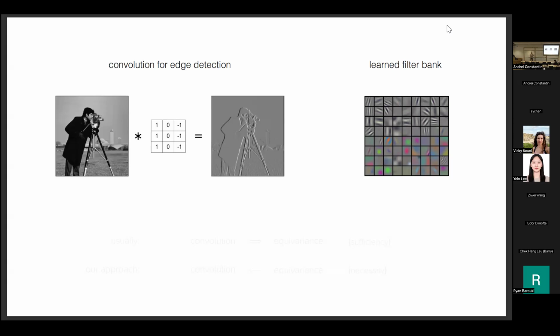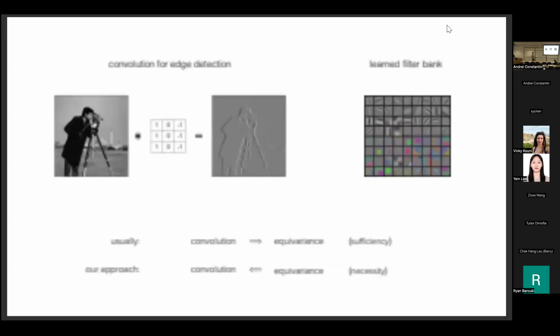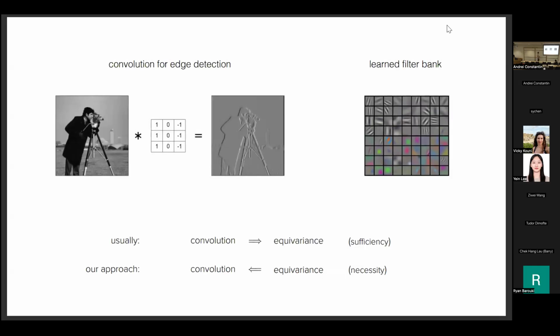And then the next layer, you do the same thing again and again. Usually the story is such that you say, okay, I use convolutions in my neural network, and then you observe, oh, that's equivariant. But we are turning this around now. We say we want to look at equivariant linear maps, and then from that you can derive that convolutions are actually necessary.